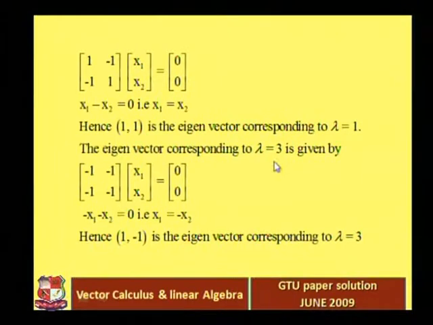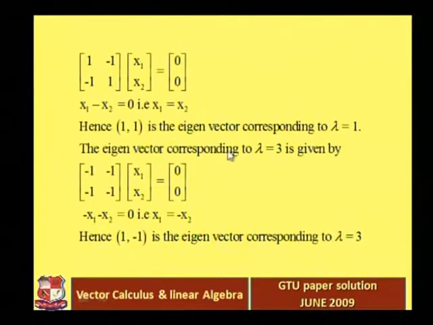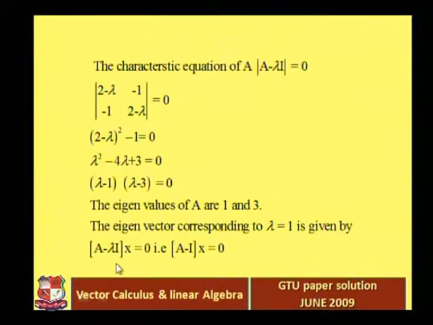Now the eigenvector corresponding to lambda equal to 3. Put lambda equal to 3 in the equation (A minus lambda I) into x equal to 0, so A minus 3I into x equal to 0.